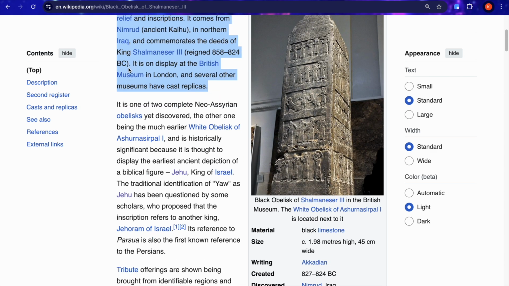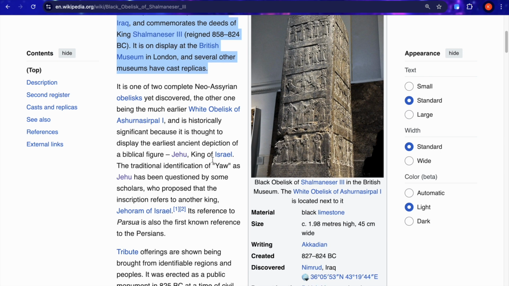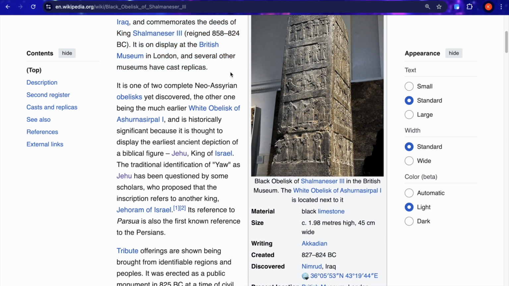It is on display at the British Museum in London, and several other museums have cast replicas. This is an archaeological find. In the ancient world, they didn't record TikTok videos or news clips, they didn't have that technology. The way they would record information is through inscriptions and building things like this, and even on sarcophagi.